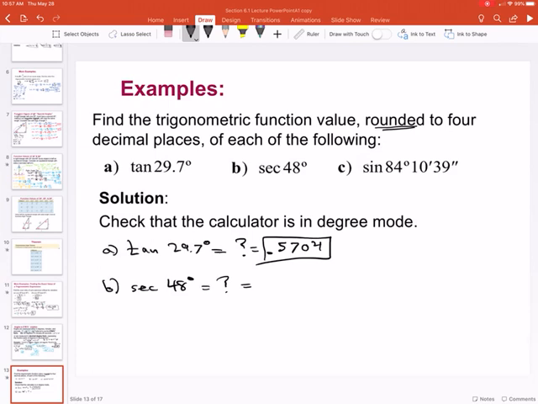So secant of 48 degrees is the same exact thing as saying 1 over cosine of 48 degrees, right? Because they're reciprocals. So again, using reciprocal properties, these are reciprocal functions. So let's reciprocate. And now we can type it in easily. So 1 over the cosine of 48 degrees.